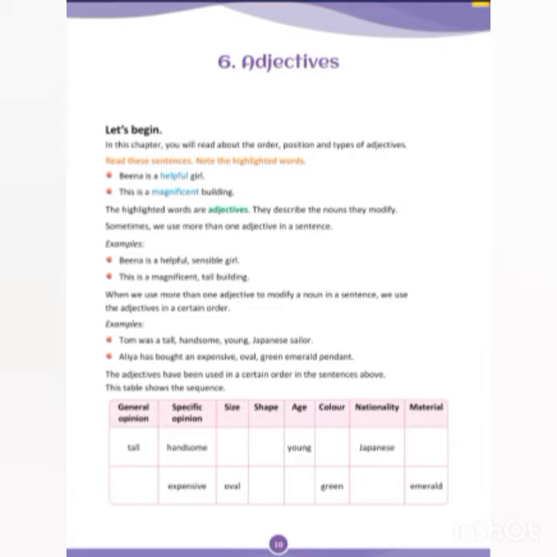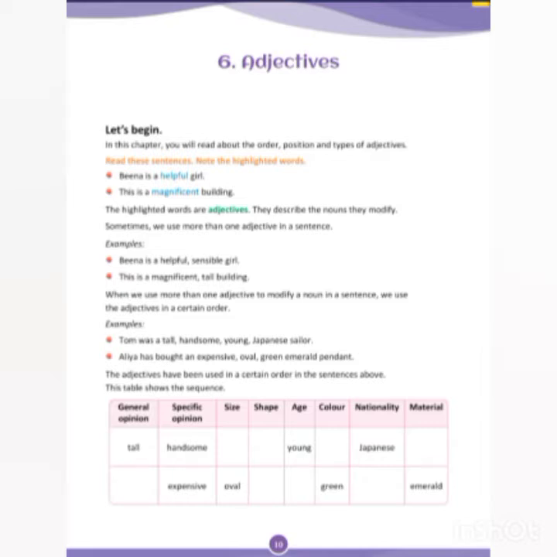So sometimes we use more than one adjective in a sentence. Now what do we have to do if there is more than one adjective in the sentence? Suppose for example, Beena is a helpful, sensible girl. This is a magnificent, tall building.